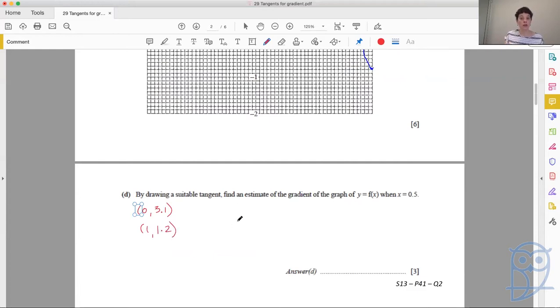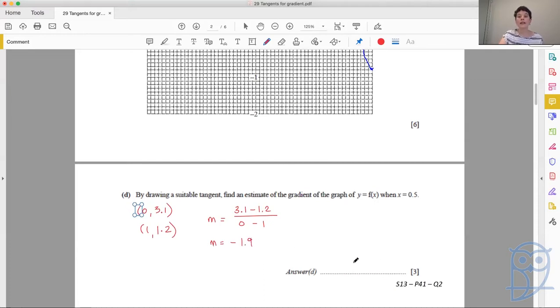And we're going to use our formula. So the gradient of our tangent equals 3.1 minus 1.2, y change, over 0 minus 1, x change. If we plug that into a calculator, that gives us m equals minus 1.9.